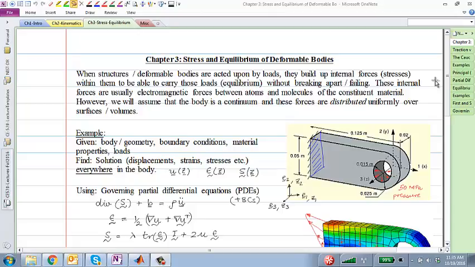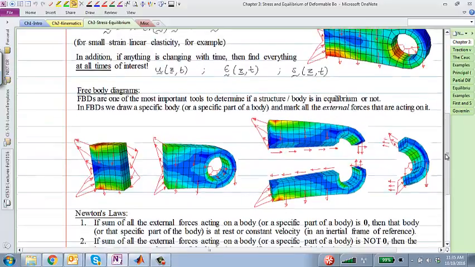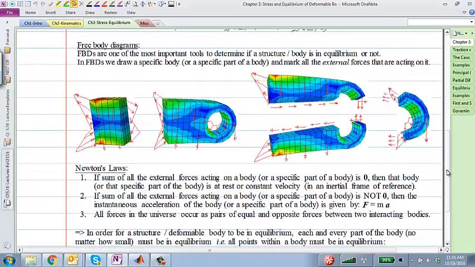And we were trying to draw parallels with what you might have done in your undergraduate by drawing free body diagrams of bodies and making sure that the sum of forces and sum of moments are zero, right? So that's almost exactly the same thing that we'll do for deformable bodies, but in a more mathematical way, of course.